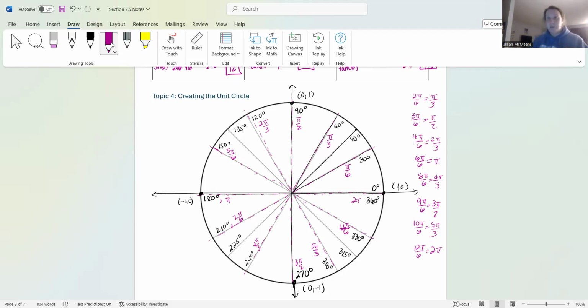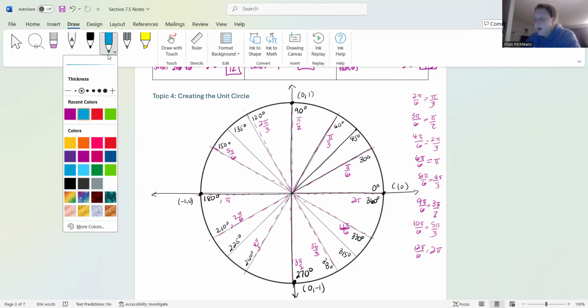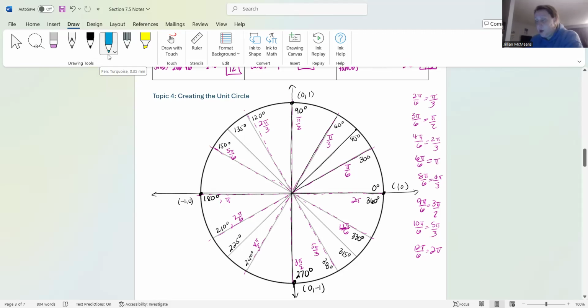Now we've got to get those oddballs that we missed in the middle. So let's do those in maybe blue. Okay, so we missed 45 degrees, 135 degrees, 225 degrees, and then 315 degrees. Now, if I look here, starting at the positive x-axis, and then going to 45 degrees, and then the positive y-axis, and then 135 degrees, and then to the negative x-axis, I have split the region from 0 to pi into fourths.